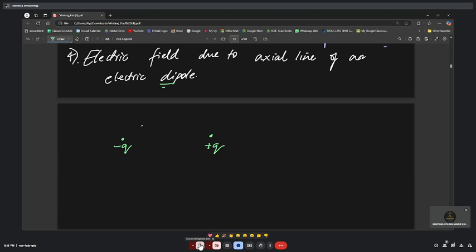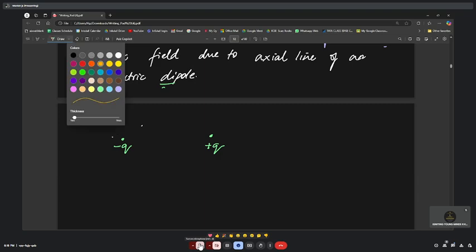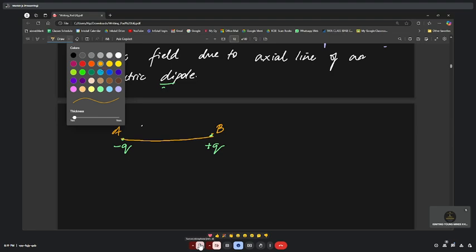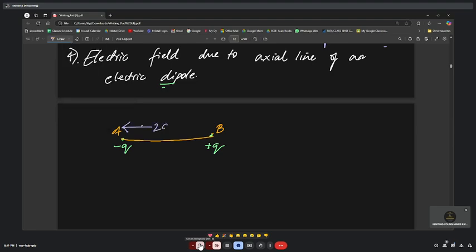Two equal and opposite charges that are separated by a finite distance, you call this a dipole. At point A, I have minus Q charge, and at point B, I have a plus Q charge. The distance between them is fixed as 2a. So 2a is the length of the dipole axis.